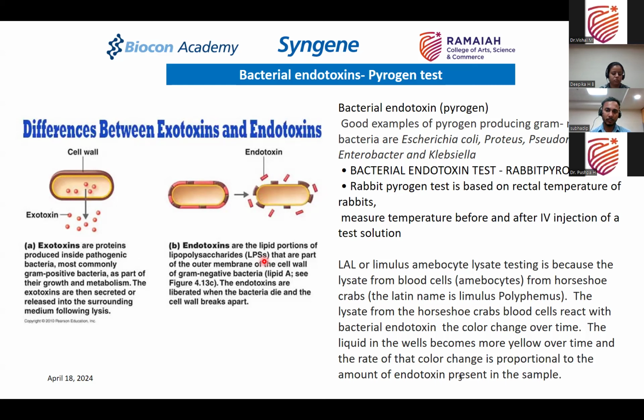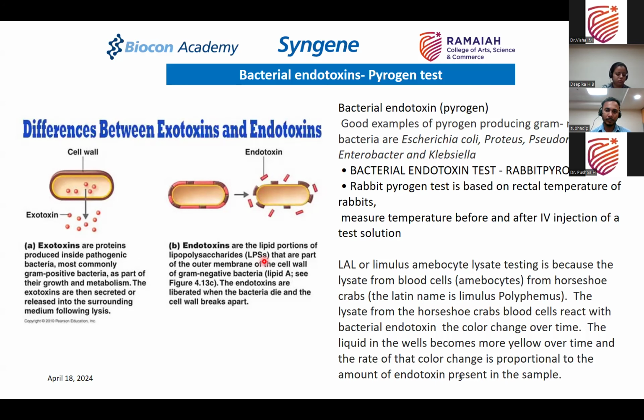One method is the rabbit pyrogen test, where we inject the rabbit with the test sample. If the temperature increases, it indicates the chances of having pyrogen in that sample are higher.